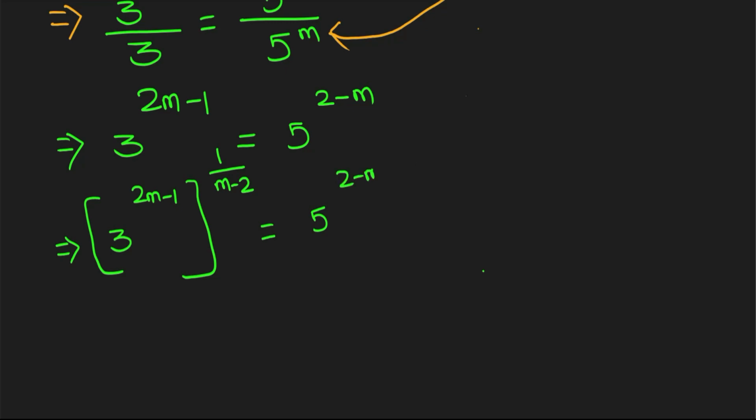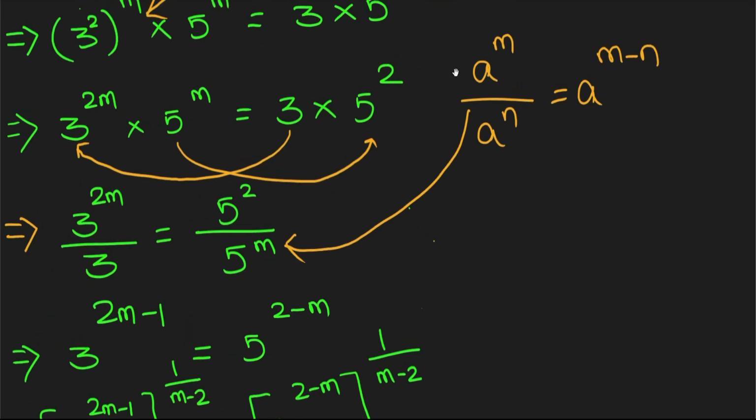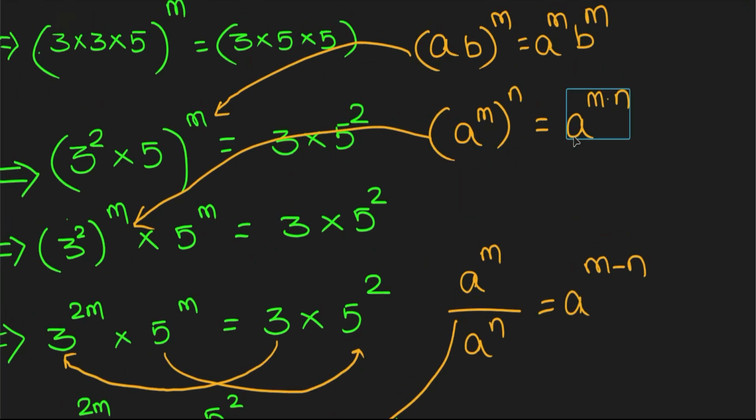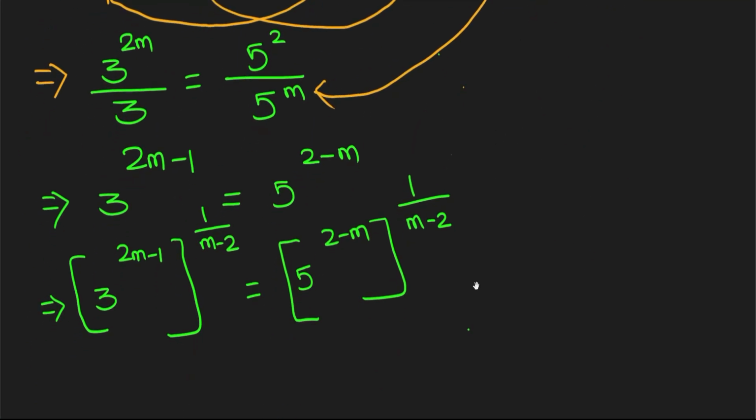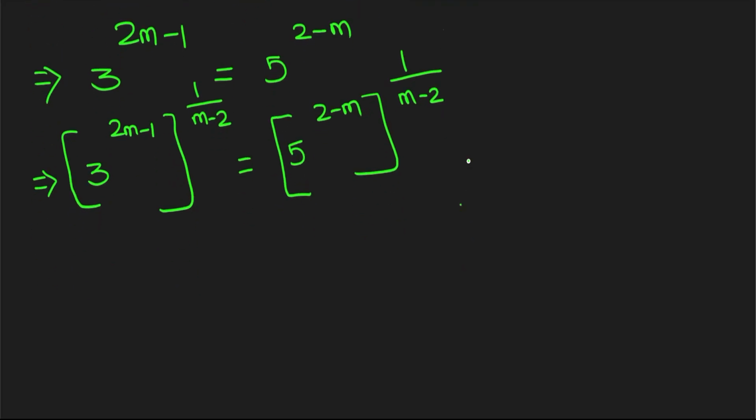Then we have to write (5 to the power 2 minus m) whole to the power 1 by (m minus 2). As we know, (a to the power m) to the power n is equal to a to the power m into n. We will apply this formula here and can write this equation as 3 to the power (2m minus 1) multiplied with 1 by (m minus 2), which will become divided by (m minus 2).